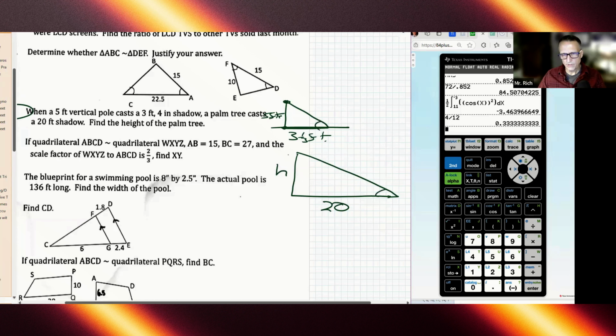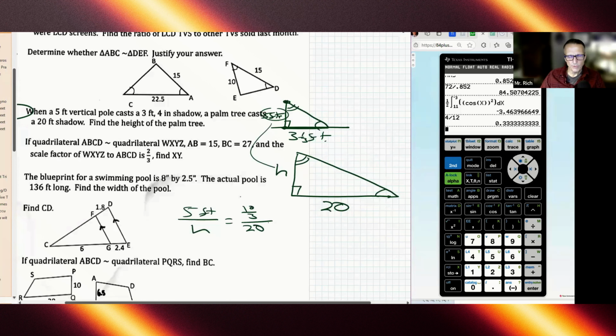These triangles are what we call similar triangles, so their corresponding angles are all congruent, assuming these are totally perpendicular poles and palm trees. So we make what we call a proportion, because the sides of similar triangles are proportional. 5 is to h as 3 1/3 is to 20. I'm going to write 3 1/3 as 10/3, so that's 10/3 to 20.